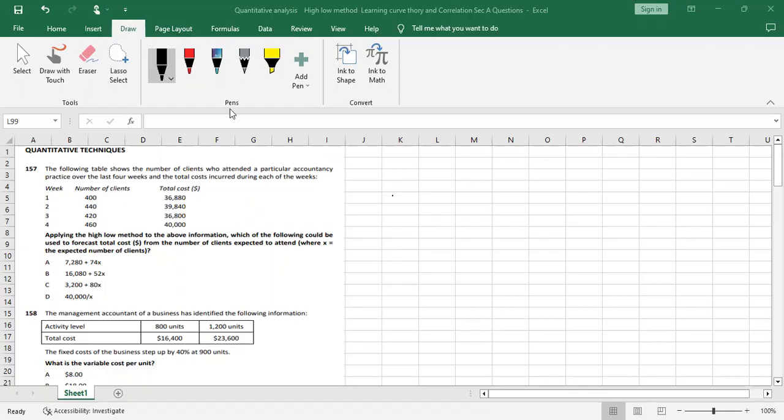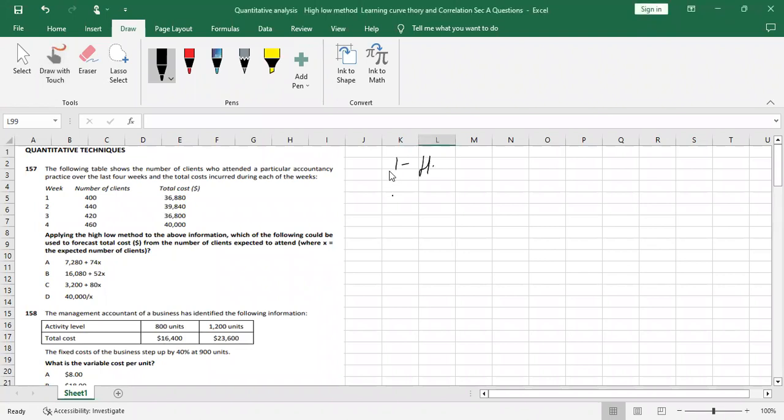Okay, great. So now today I want to discuss this topic, quantitative techniques or quantitative analysis, or it is also called quantitative aids in budgeting. Now what does it mean? Basically, it is covering three main areas or three main topics.